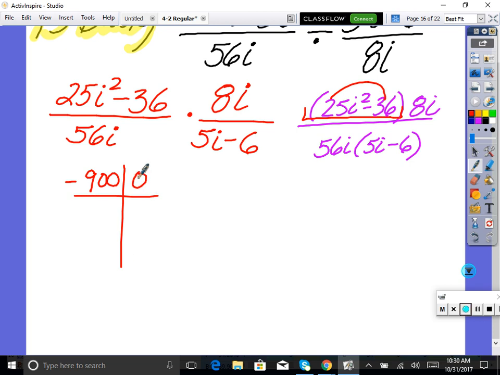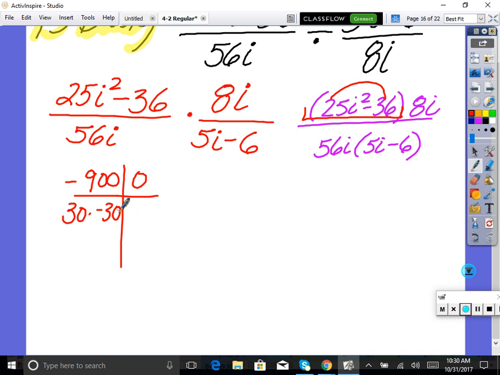Is it 25 times negative 36? Calculate it for me. Okay, so what are the two factors? What times what equals 900 that are the exact same thing? Yeah, 30 times negative 30.